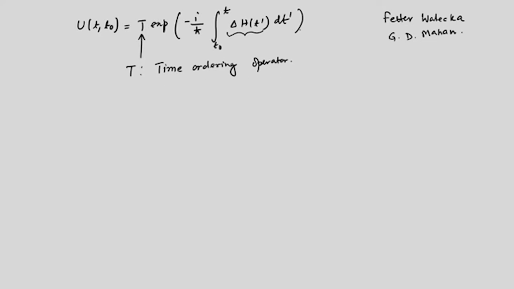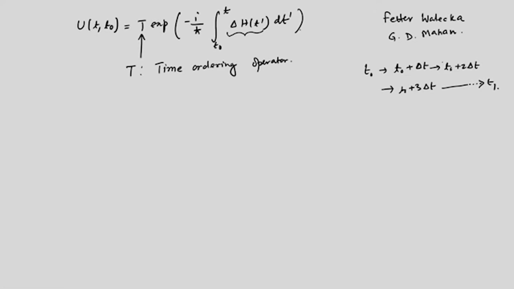So, what it does is the following: it orders the times. You see that there is a t0 to t, and we are writing it as an integral, which means that it goes from t0 to t0 plus delta t, then it goes to t0 plus 2 delta t, and then it goes to t0 plus 3 delta t, and so on till it reaches t1.